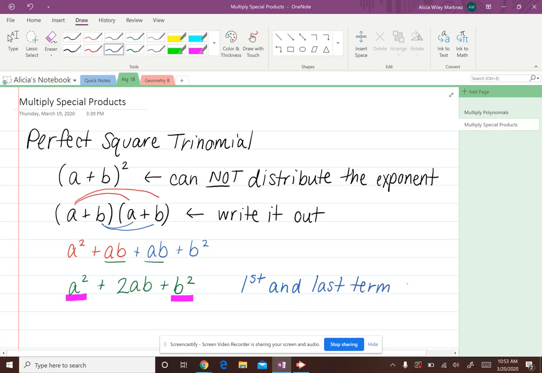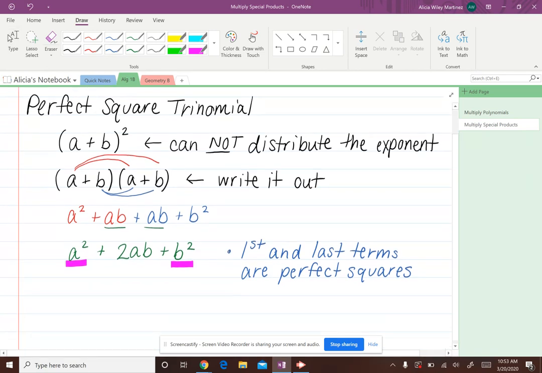When multiplying a binomial to the second power, the first and last terms will be perfect squares. So if you get a binomial to the second power and your first or last term is not a perfect square, assuming that you've put it in standard form, then you know you've done something wrong, right?